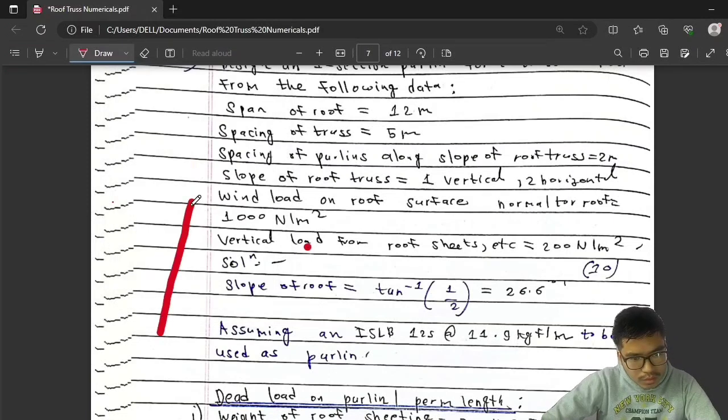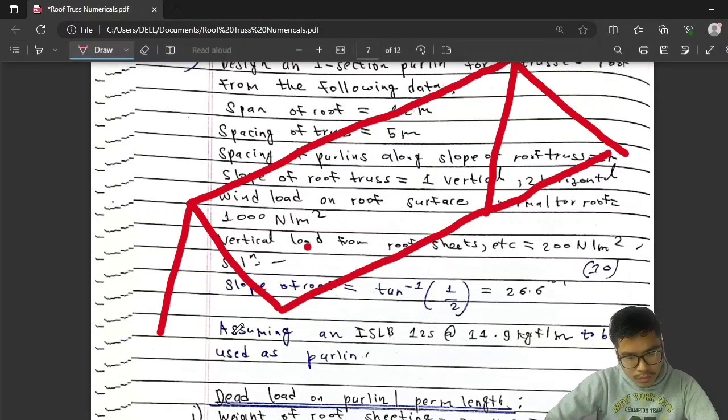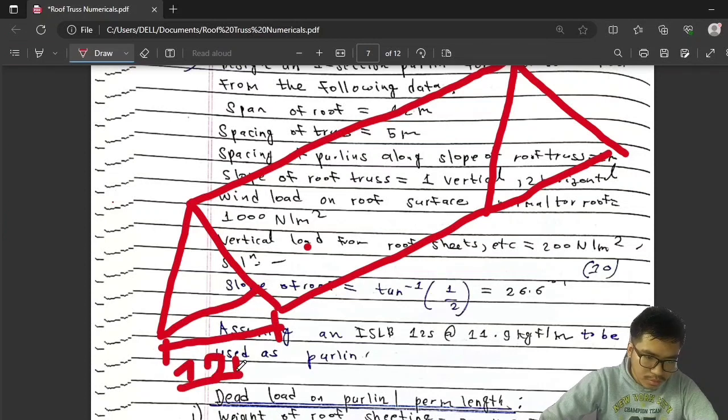It is the truss roof. So span of roof is 12 meters. Span is the distance from here to here. It is 12 meters.